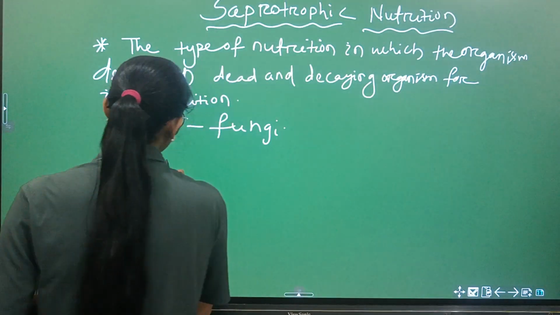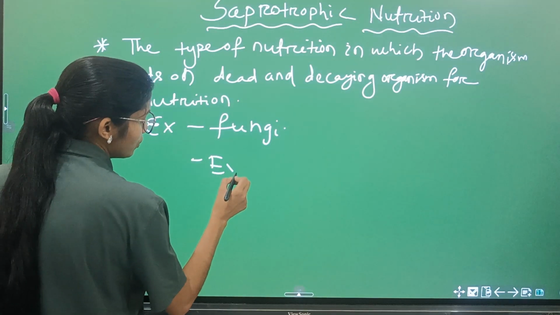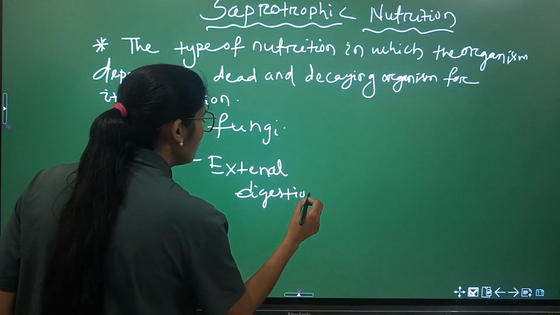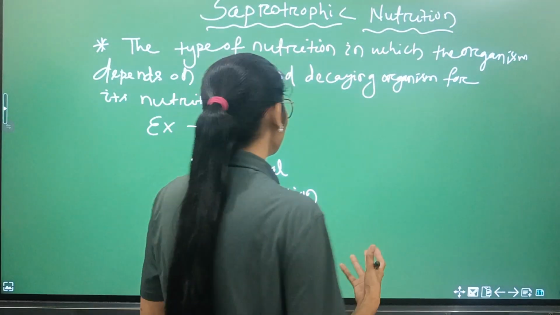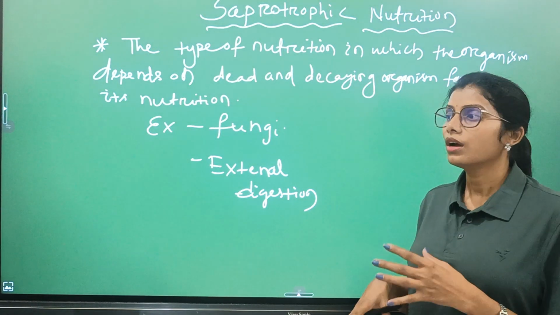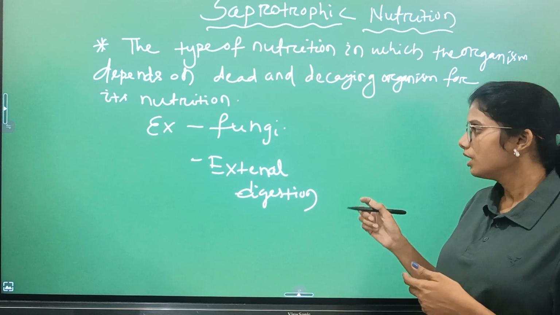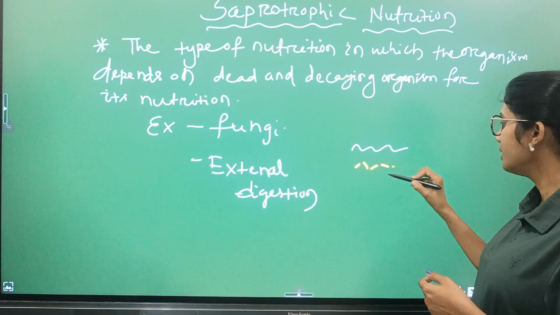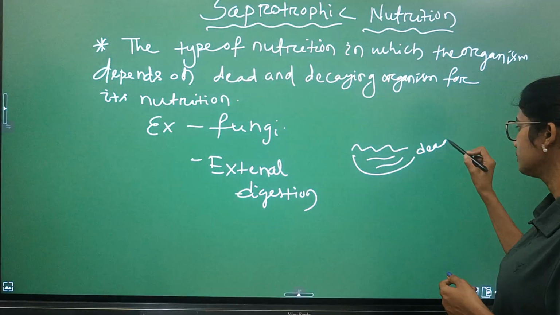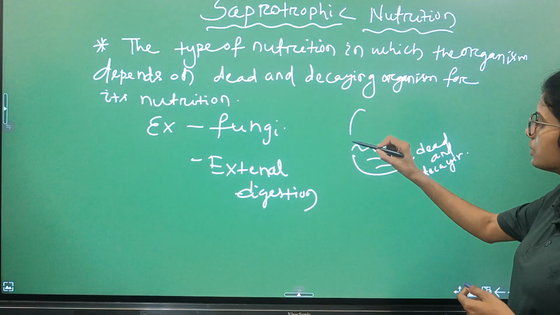Which type of digestion takes place here? That is external digestion. So what do you mean by external digestion? In holozoic nutrition, we engulf food, it goes inside our digestive system, and every type of enzyme and digestive juice helps it to digest and to get the energy. In the case of fungi, this is a dead and decaying organism, and this is the fungi.